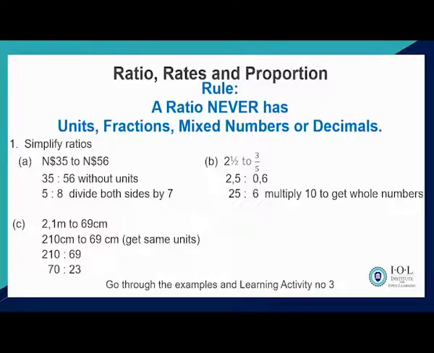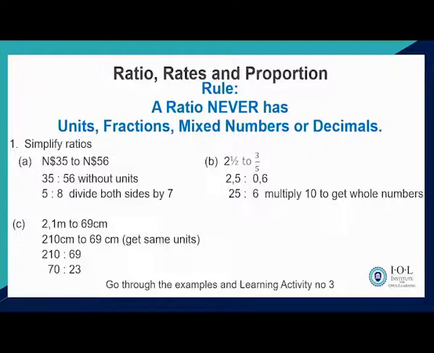Number B, there's fractions and there's mixed numbers. So you have to get rid of the fractions and the mixed numbers. So first of all, we write the 2 1/2 as 2.5 and we write the 3/5 as 0.6. How do I get the decimals out? Times 10 to get 1 decimal out. Times 100 to get 2 out.